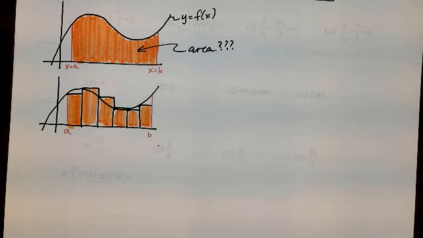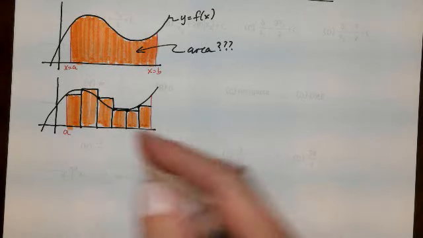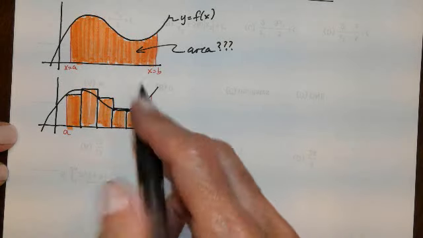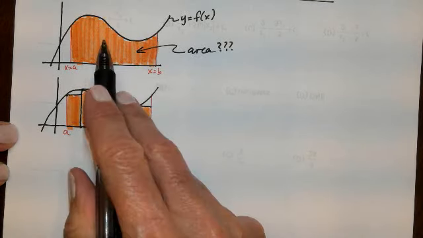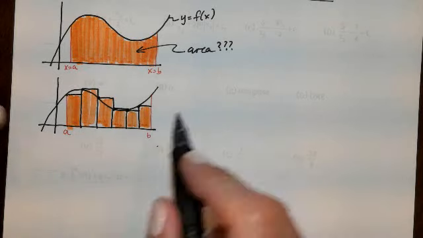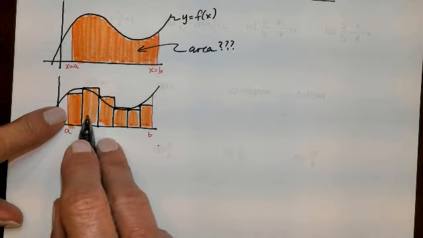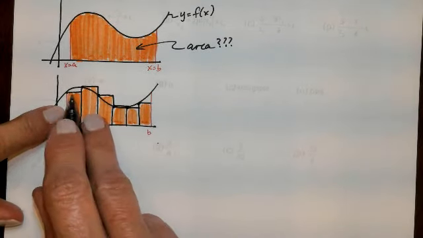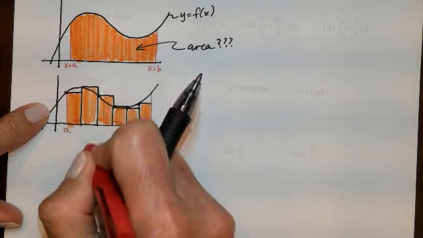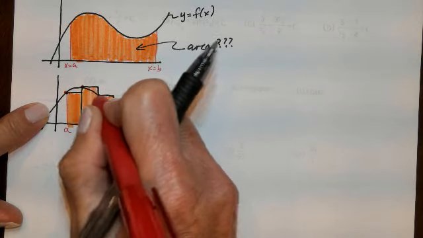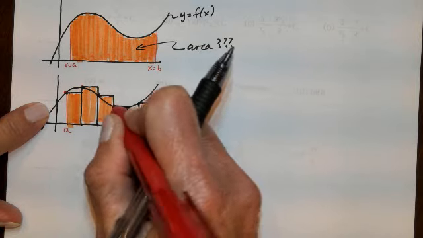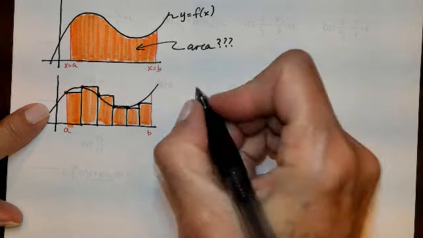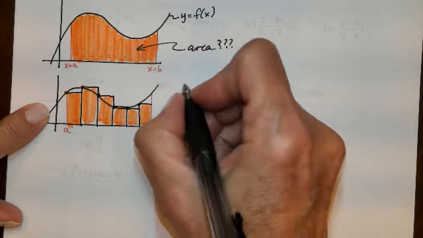So the more rectangles we use, the more sub-intervals we use, the closer our approximation of the area would be to this area, right? So in this first way that we formed the rectangles using each left-hand side of the rectangle, right?